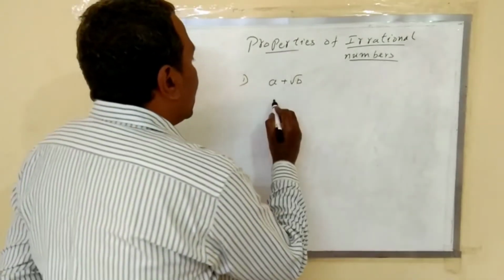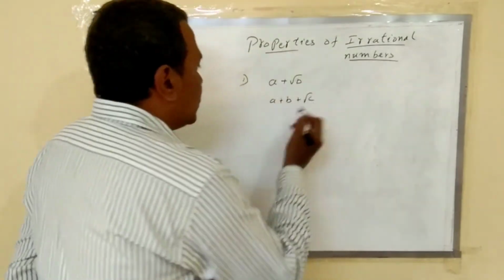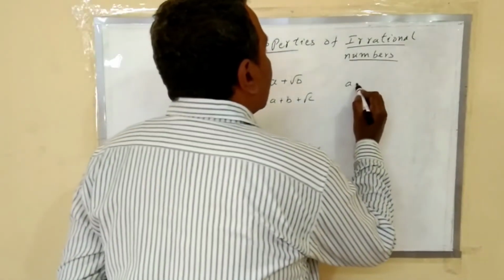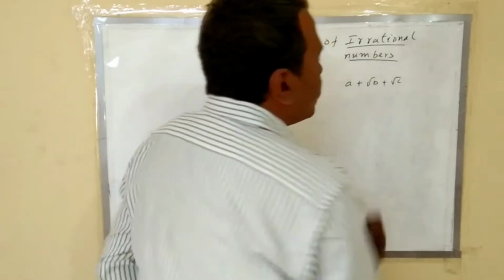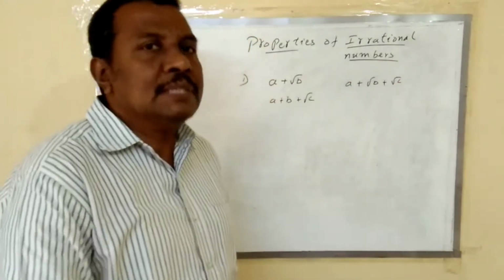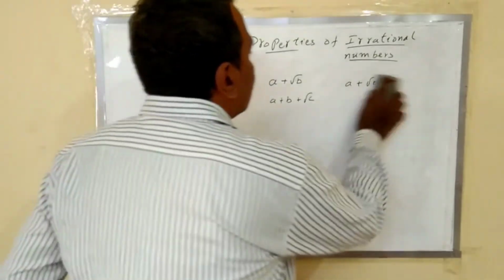For example, a plus root b plus root c: root b and root c are irrational numbers, and the sum of these three is always an irrational number. I will show you a small example on this.